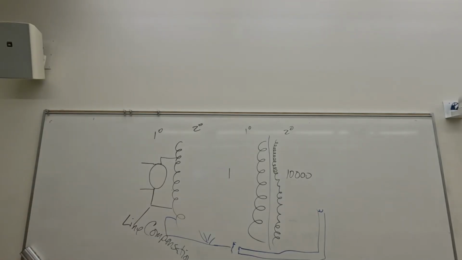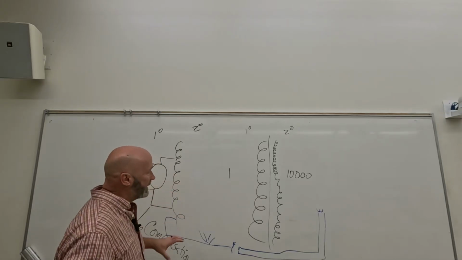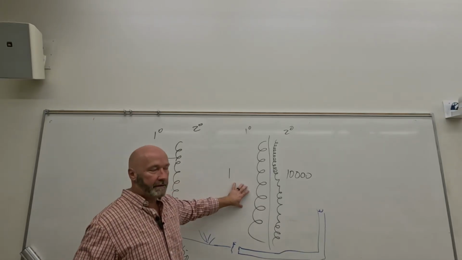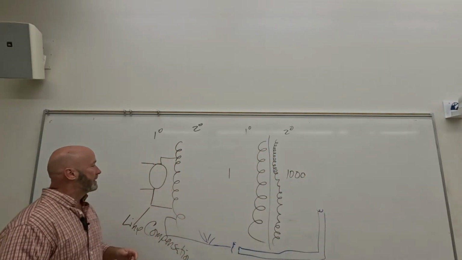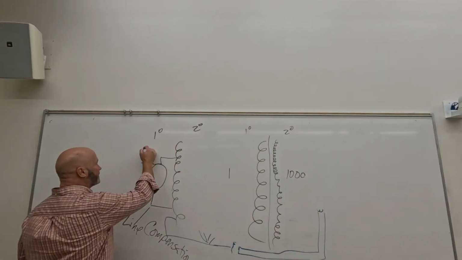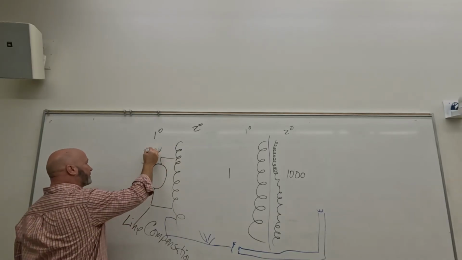So, our auto transformer, kVp selector, but we also need to know that the kVp that we set is what we're going to feed into this thing over here. Let's say our turns ratio is 1 to 1,000. Let's say we feed this thing 220 volts, and we'll make it 200 volts.